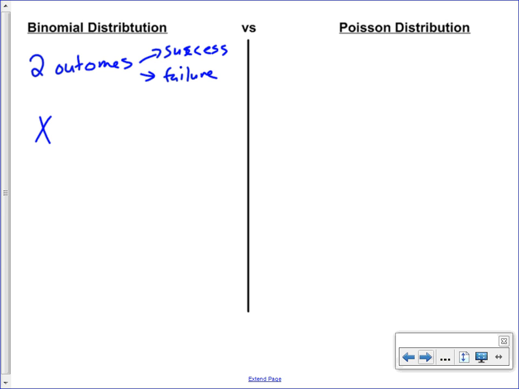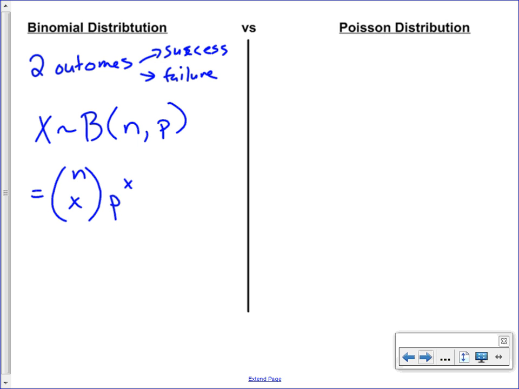And then you have the notation that X is such that it's a binomial, and then it's the number of trials, and then the probability. So the formula was N choose X, P to the X, and then 1 minus P, or Q, to the N minus X. Does that look familiar?